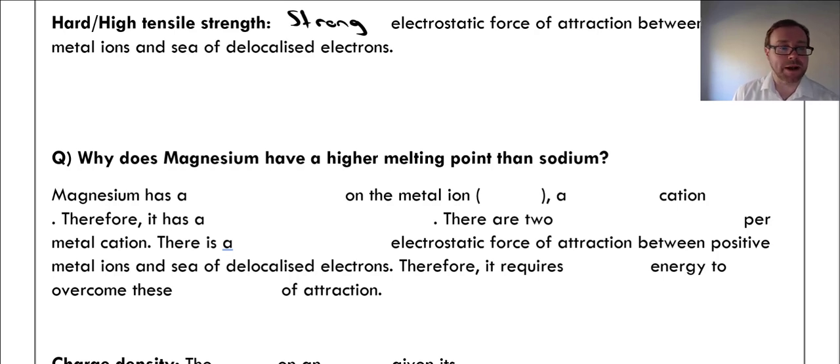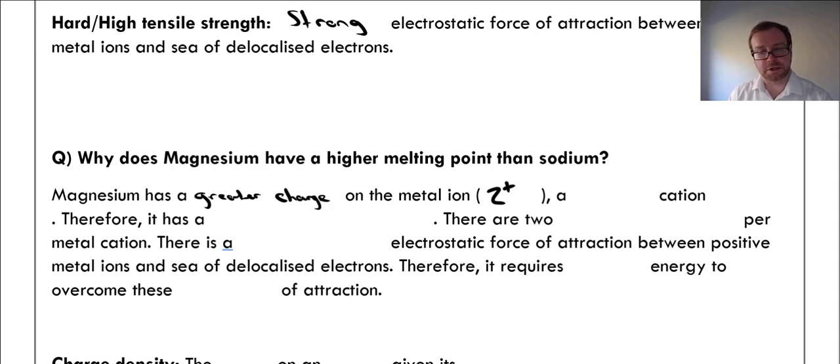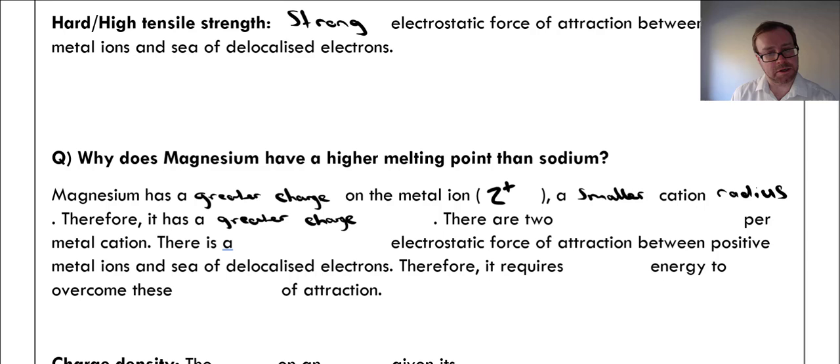Well, we can say that magnesium has a greater charge, or higher charge on the metal ion, since it's 2+, a smaller cation radius, therefore it has a greater charge density.